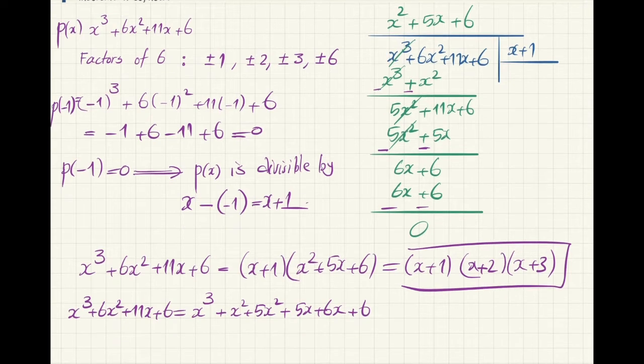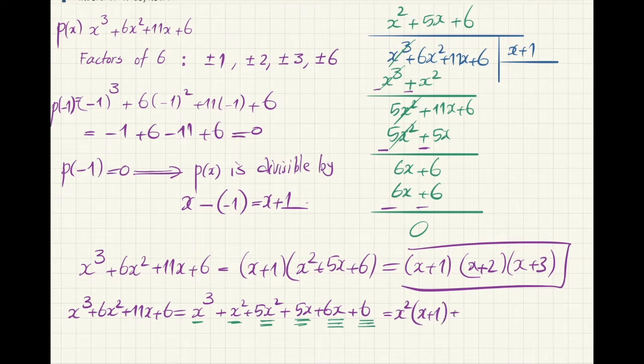But first of all, you need to be patient and see that this will work. Yes, so I will take this one with that one. I will group these two together, and I will group these two together. Yes, so then what happens? I factor x squared from the first one, it gives me x plus 1.